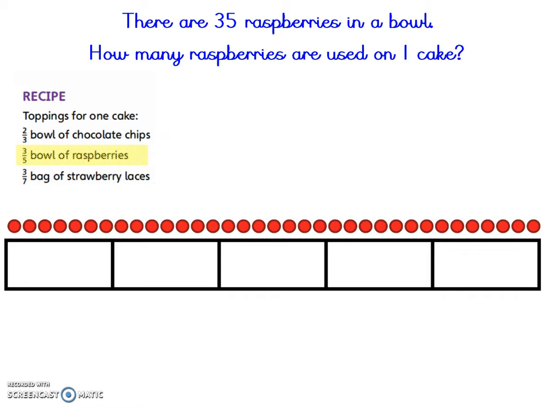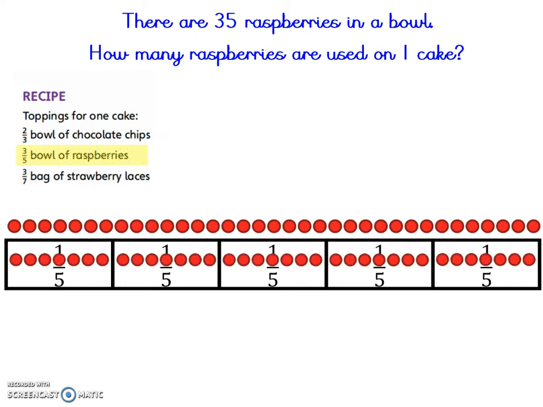But how much does each one of those parts equal? Well, each part is going to be 1/5, one of the 5 parts that make up the whole. So now we can see that I've represented that bar in fifths. Now I've taken my 35 raspberries, which I've represented as my red circles or counters, and all I've done here is divide or share them into 5 equal groups, because we need to remember a fraction means an amount, a whole, that is split into equal parts.